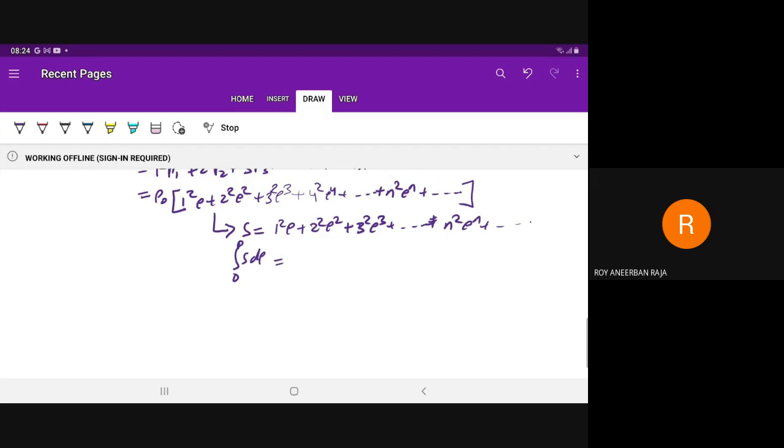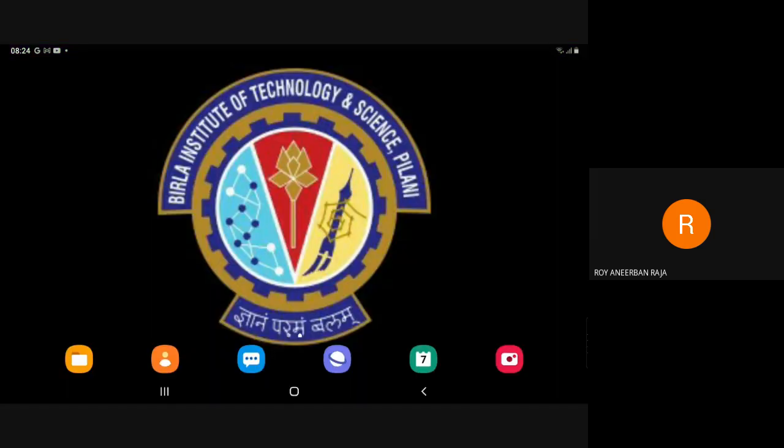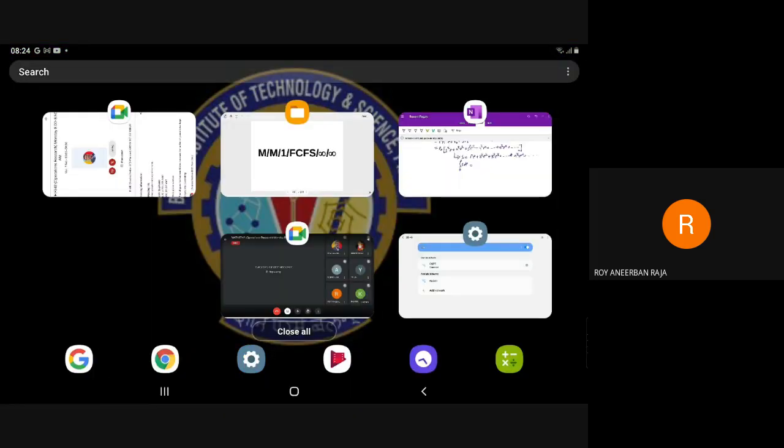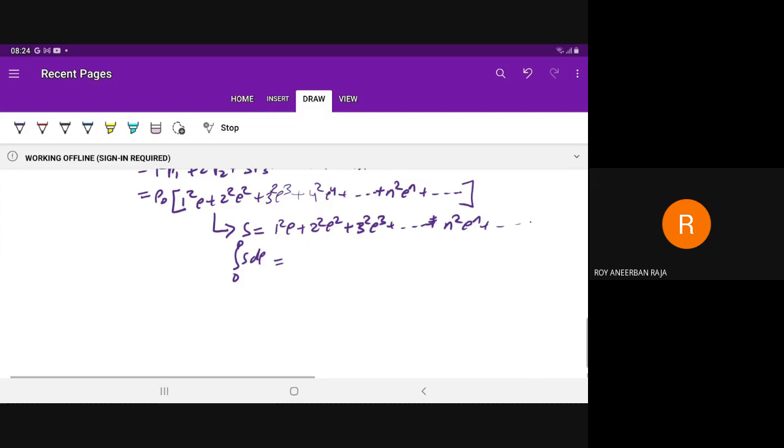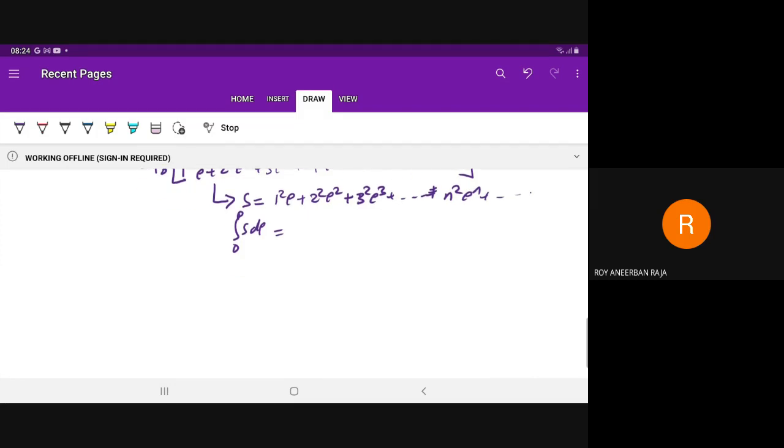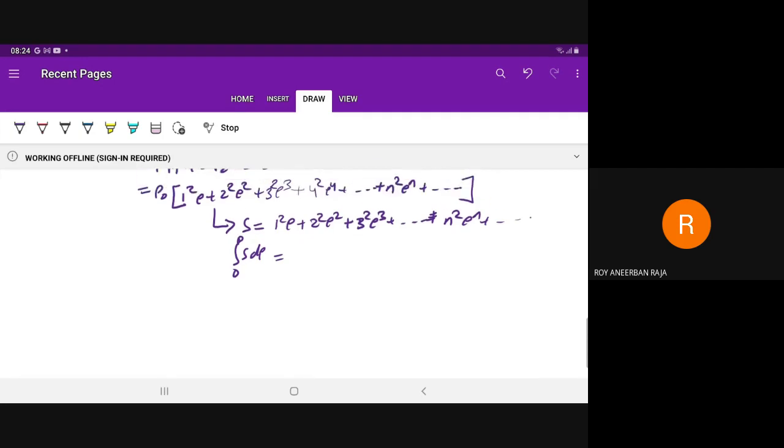or instead of assuming this S, in the first series we can take rho common also. Just one line we have to add.